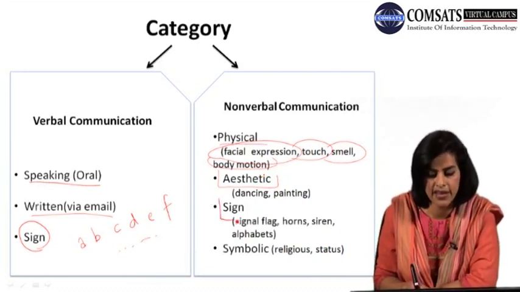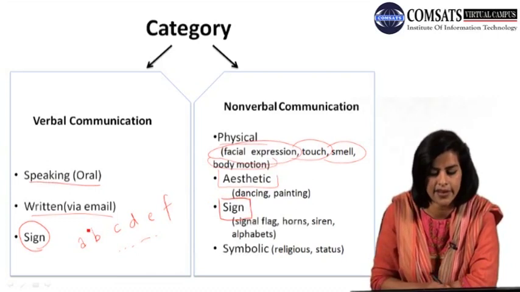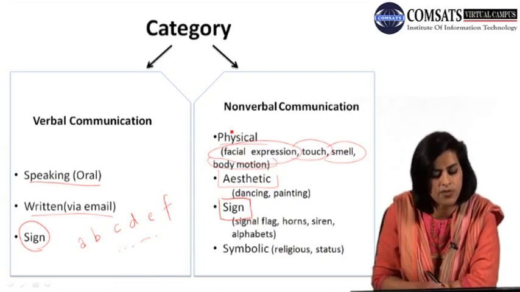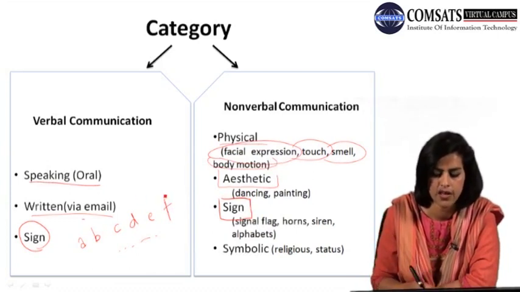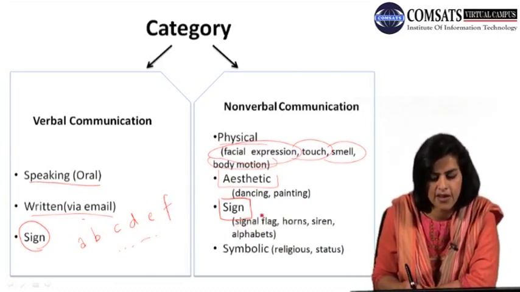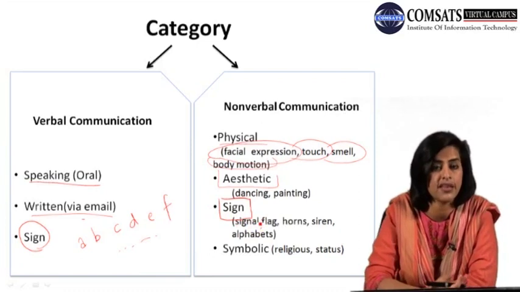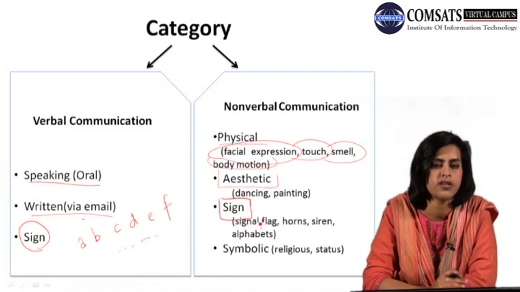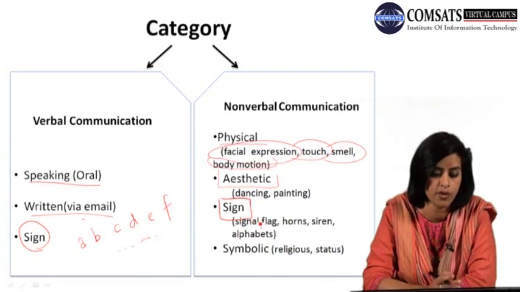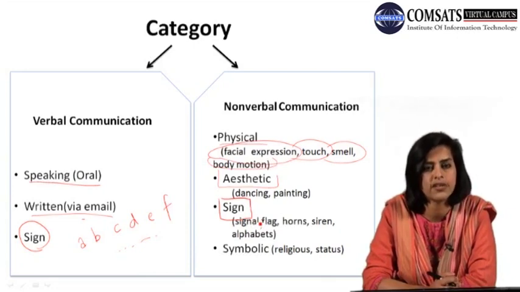Then you have sign. Sign in non-verbal communication is somewhat different from the sign that is there in verbal communication. Now the traffic signal is one sign that you see. Color red indicates that you should stop, color orange indicates that you should get ready to start, and green indicates that you can go. A flag has got different colors in it, and they are also the sign of something.